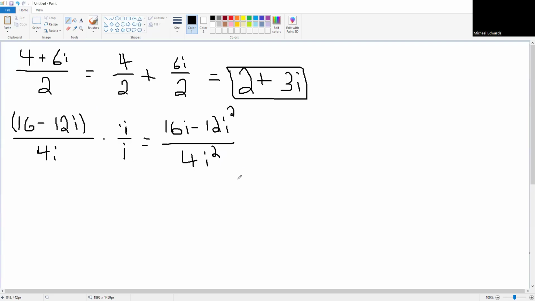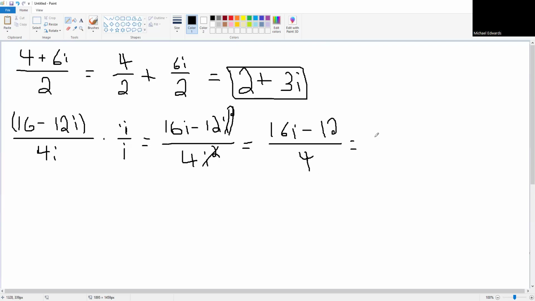Now if we want to, we can rewrite it to get rid of the powers, since we know that this i squared and this i squared will get rid of each other. And you could be left with 16i minus 12 all over 4.